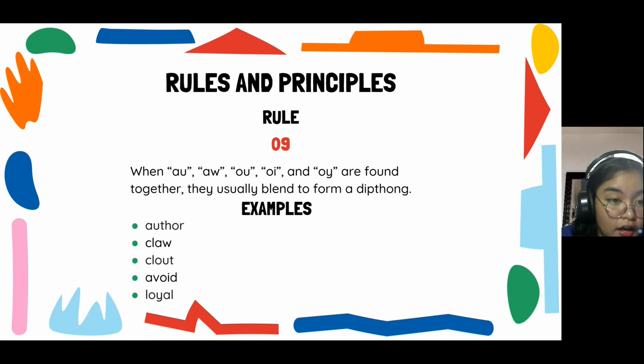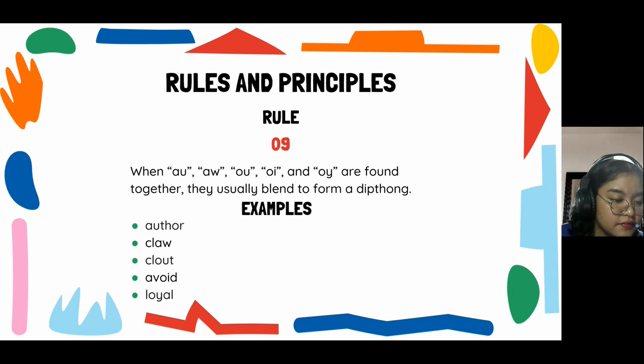What is a diphthong? A diphthong is also known as a gliding vowel. It is a combination of two adjacent vowel sounds within the same syllable. For example, the words otter, claw, cloth, avoid, and loyal. All these words are diphthongs.